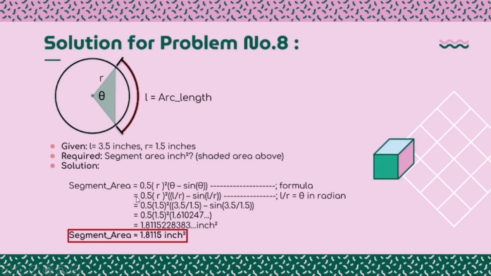The segment area is 1/2 times r squared times (theta minus sine theta), which is the formula, and theta is in radians, which simplifies as arc length over radius. We plug in the values, and we get the segment area is 1.8115 square inches.